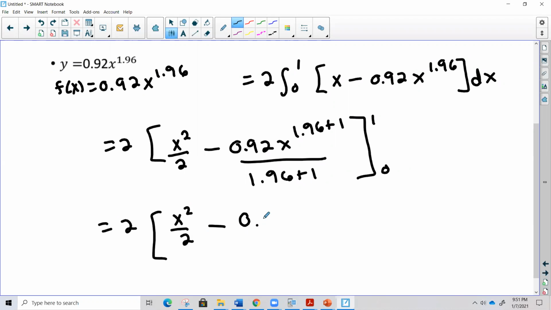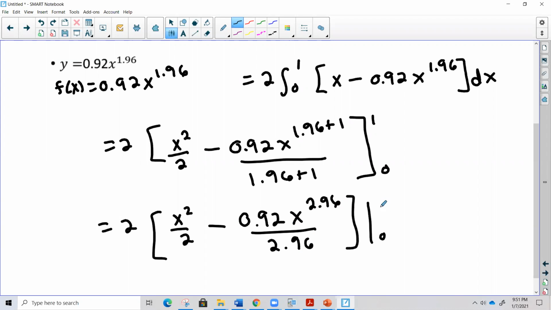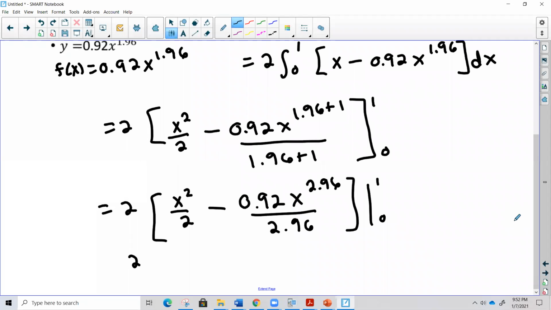So I get 0.92x, 1.96 plus 1 is 2.96. And then again, this is over 2.96. And then just to make this a little bit easier when I simplify, I'm going to divide the 0.92 by the 2.96 here. And I'm going to put it as a fraction because I don't want to have a rounding error.